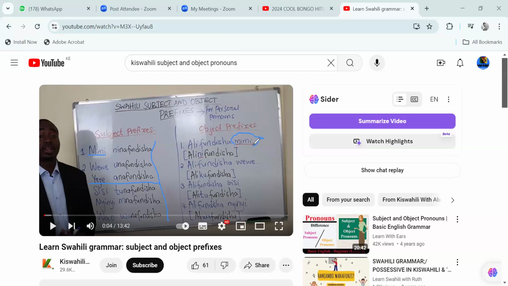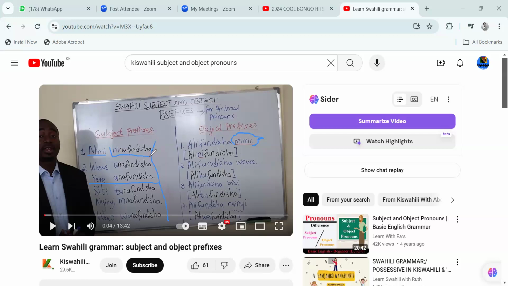But here, look at the difference. In this first sentence, in the subject part, number 1, mimi ninafundisha means me, I'm teaching. Mimi is me, ninafundisha, I'm teaching. So instead of saying me, I'm teaching, you can just say I'm teaching by starting with the word ninafundisha.